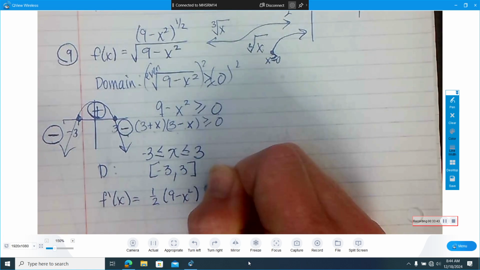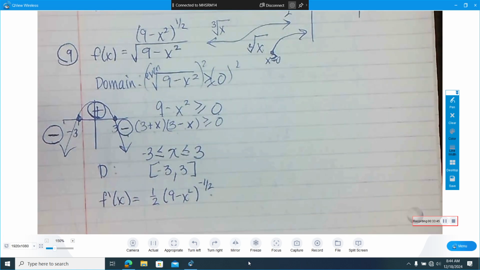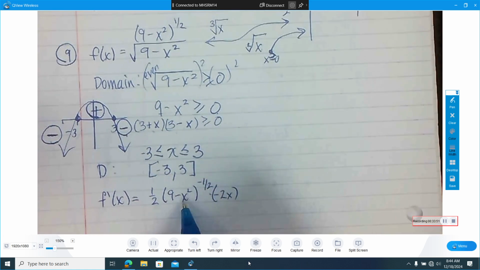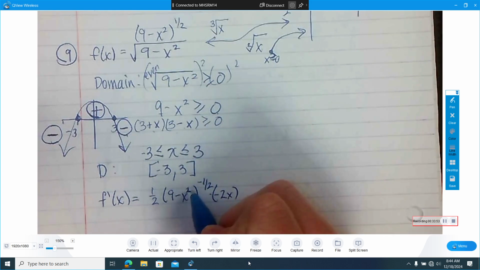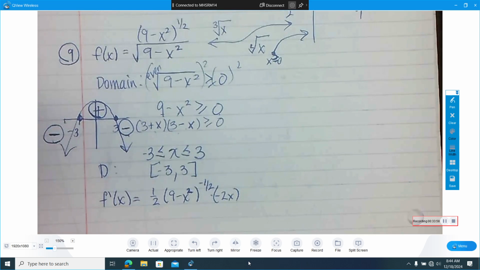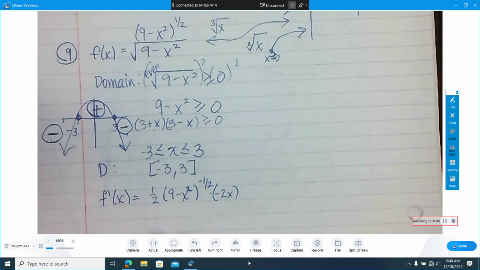Nine minus x squared to the negative 1/2 power. Don't forget, almost, negative 2x. Chain rule, got to take the derivative of the inside anytime you got something more complicated than just x. Don't forget to multiply by the chain rule.